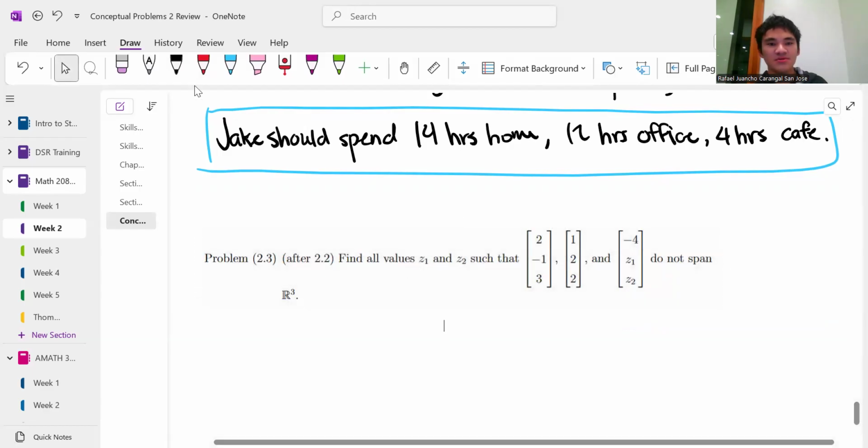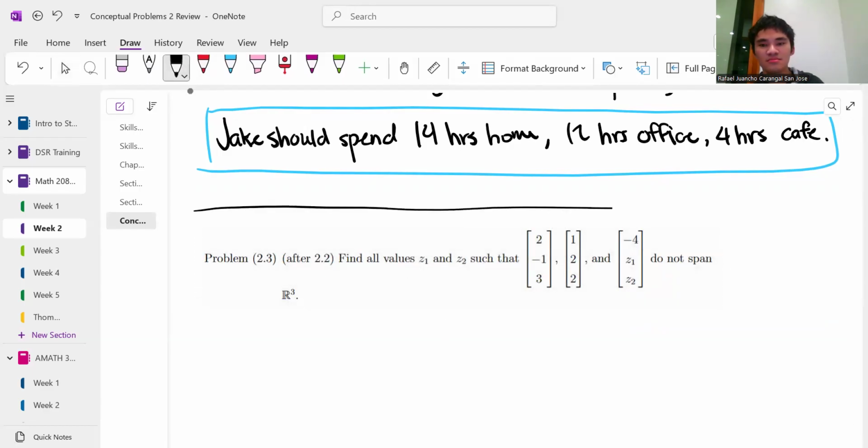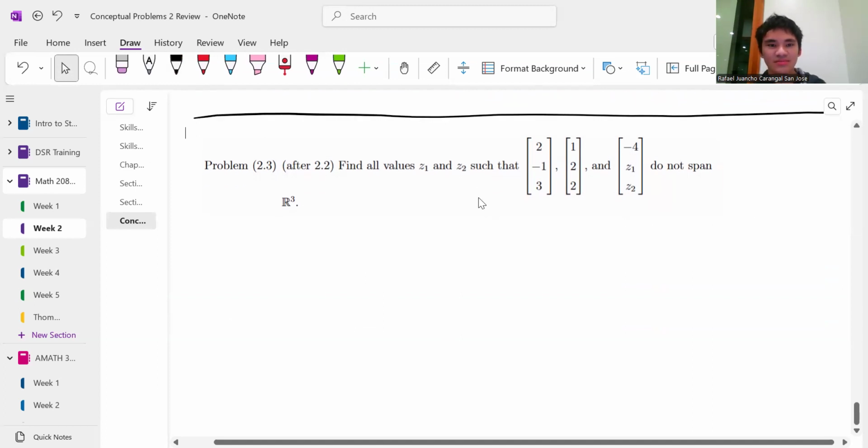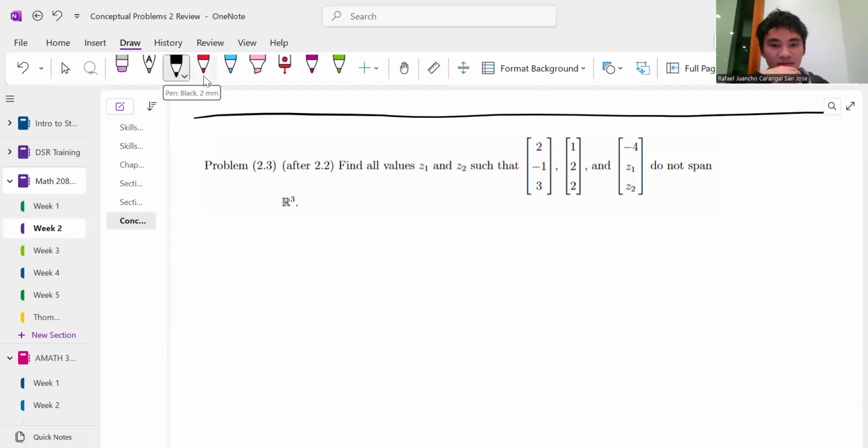Here, we're being asked to find all values z sub 1 and z sub 2 such that these two vectors do not span R3. How do we do that?